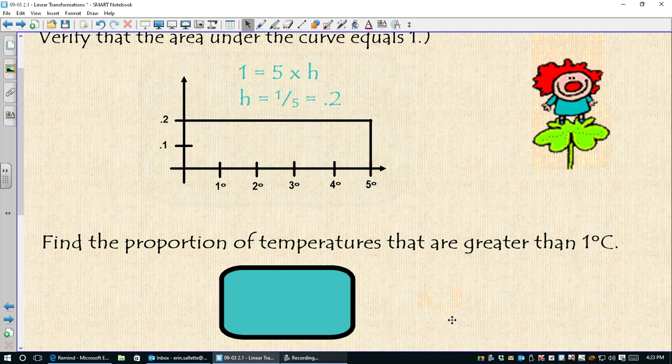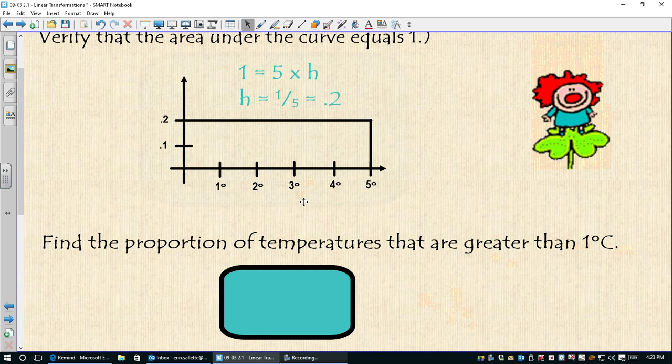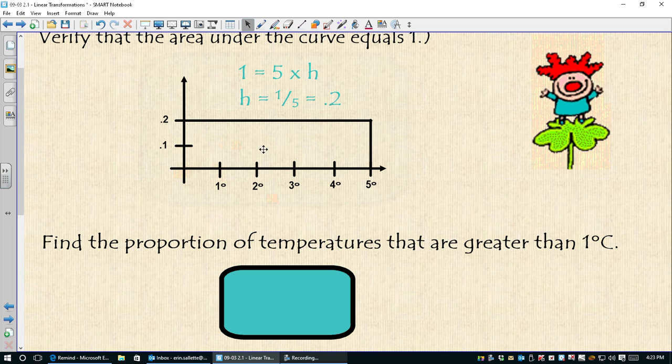Find the proportion of temperatures that are greater than 1 degree Celsius. So greater than 1 degree. I can cut this up into equal rectangles here. 1, 2, 3, 4, 5 rectangles I can slice at each single degree point.